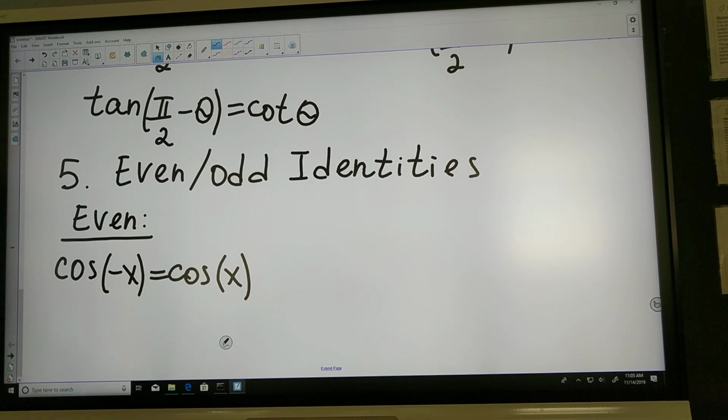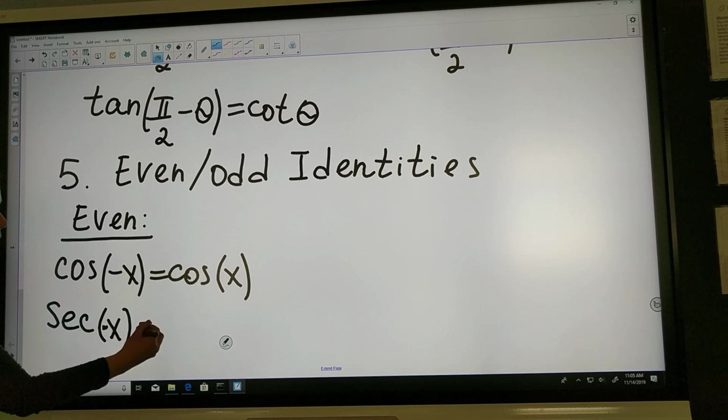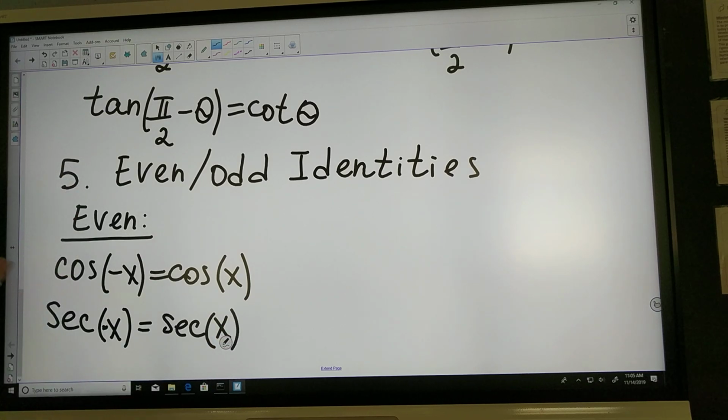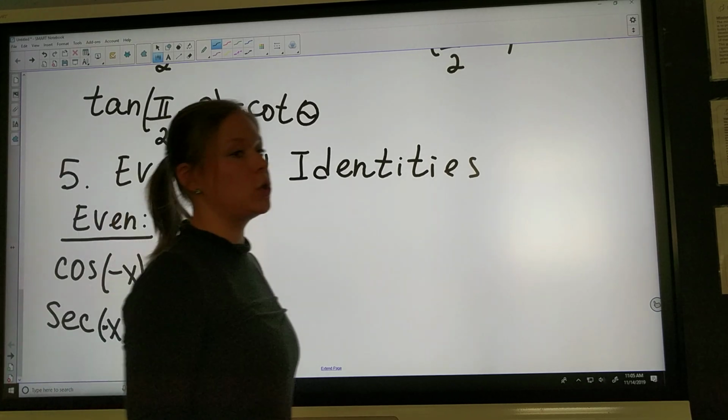Since it's an even function, the minus doesn't matter. If cosine is even, it means secant has to be even as well. Secant of minus x equals secant of just x. So these are the only even functions. All other functions are odd.